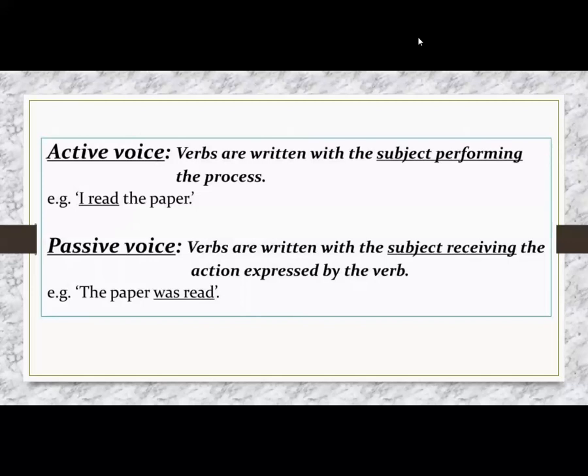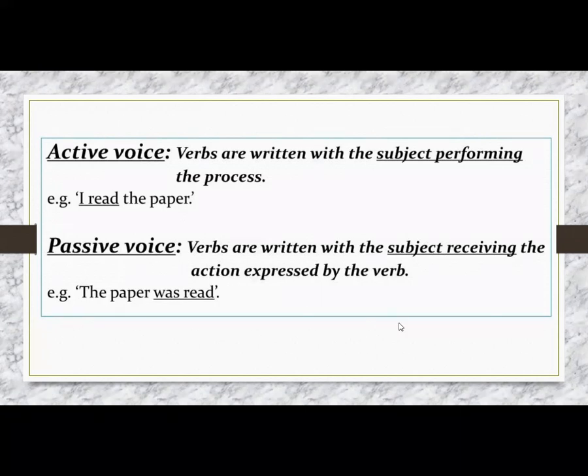Here the subject is missing, let me write it over here. Read by me. Here is the sentence completed. I read the paper. The paper was read by me.